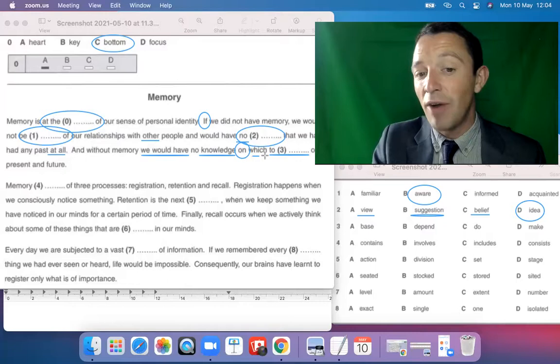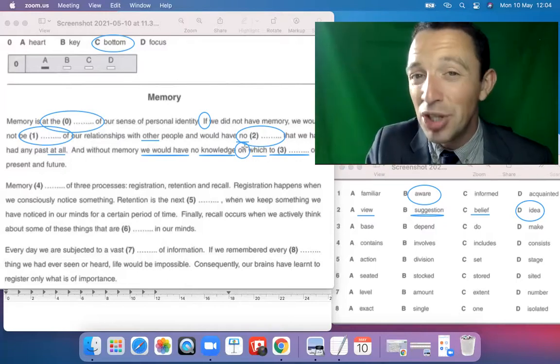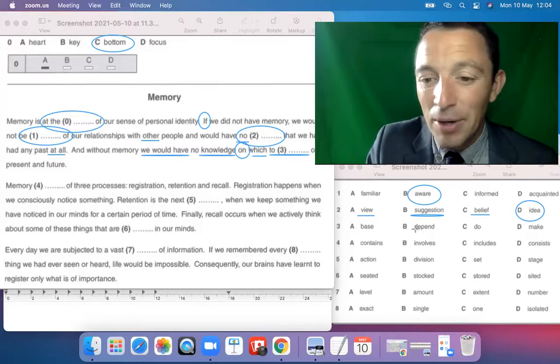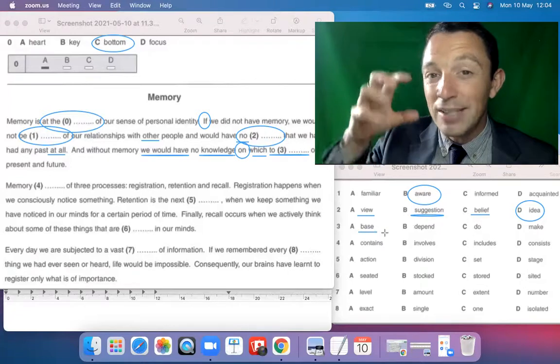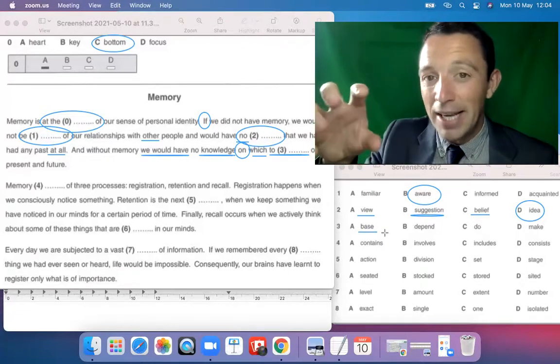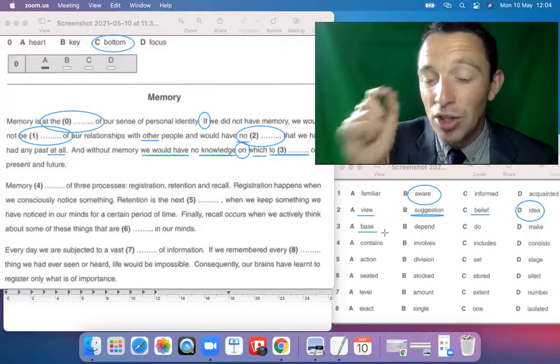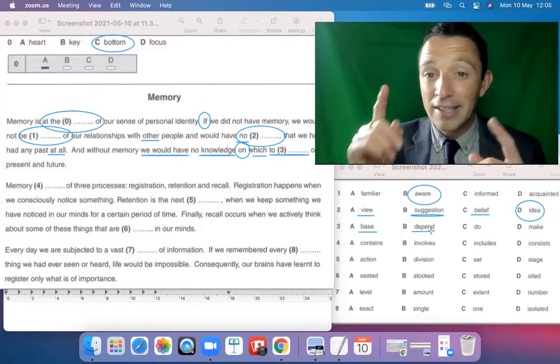So this is the relative, which, to, something are present and future. So with the preposition on, it's more typical base on. Yes, absolutely possible. The story is based on a true story. The information is based on evidence. So based on is really, really typical with the preposition on. Depend is very, very typical on.